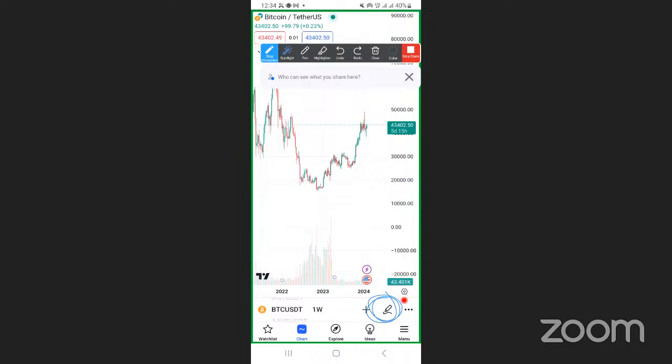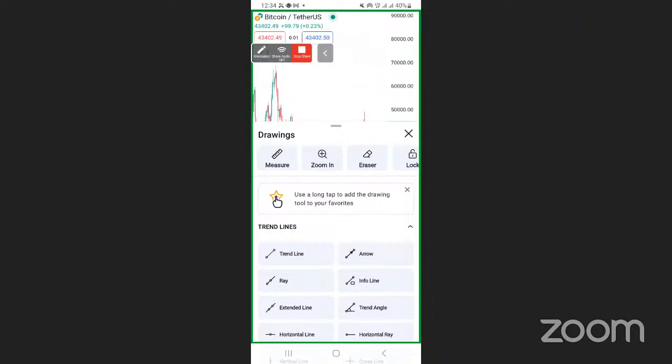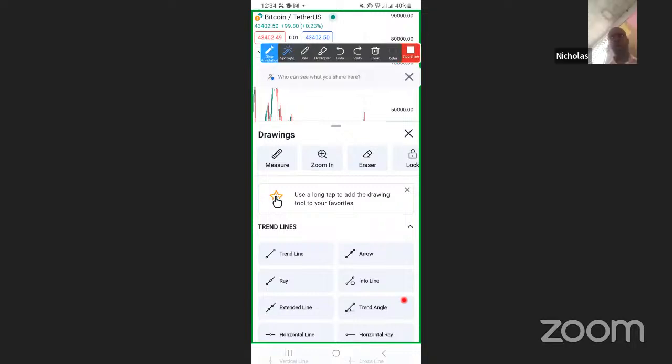When you tap that pencil, you will see different things. You see, this is trend line, this is arrow, this is extended line. We are going to use more of this horizontal line.